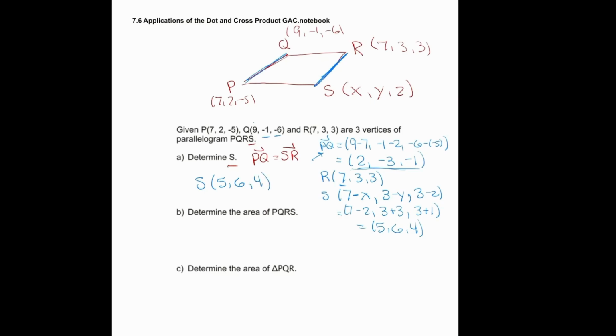Okay, so now we know the coordinates for that point. Now we're being asked to determine the area of this parallelogram, PQRS. Well, remember, the area is the magnitude of the cross product.